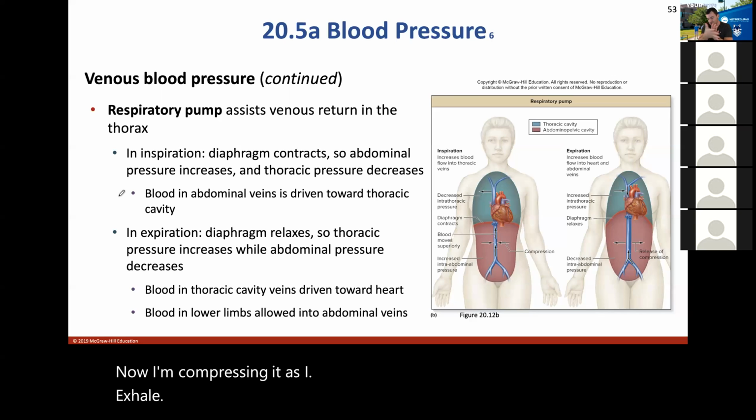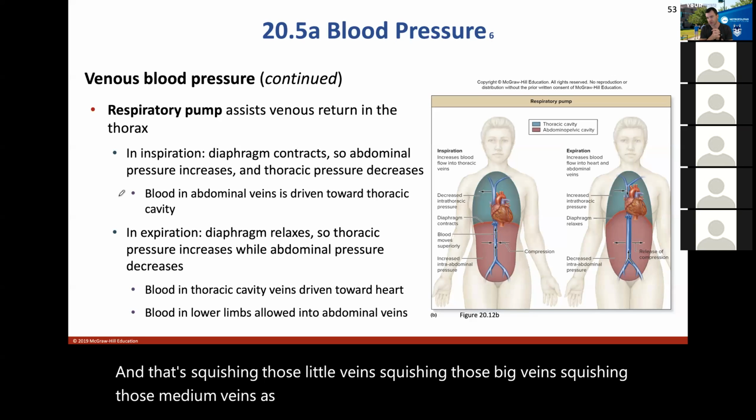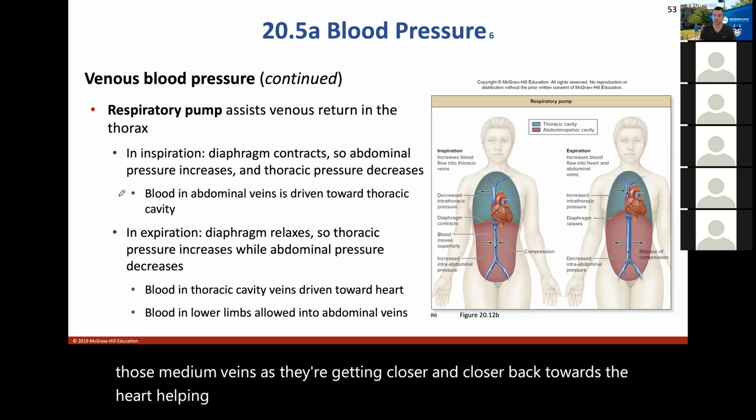And that's squishing those little veins, squishing those big veins, squishing those medium veins as they're getting closer and closer back towards the heart, helping to push fluid through the system.